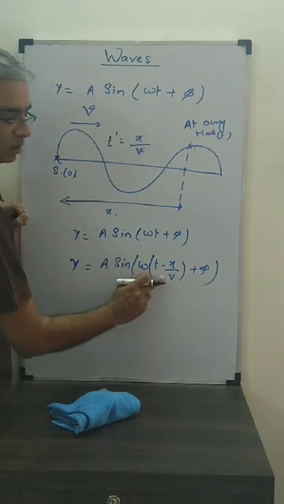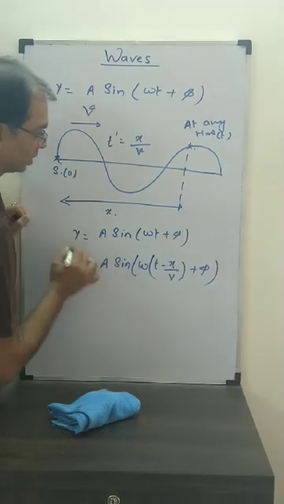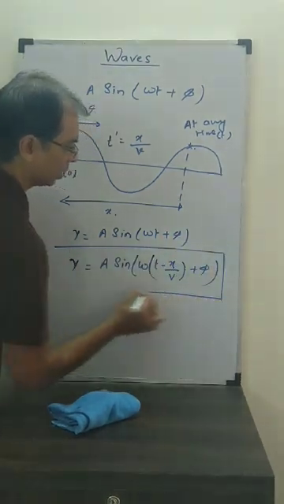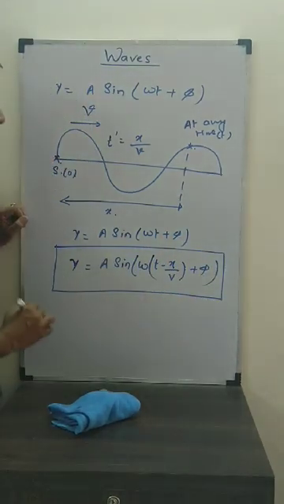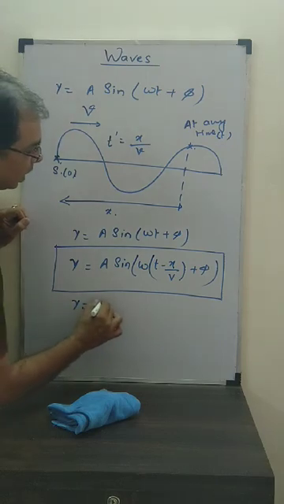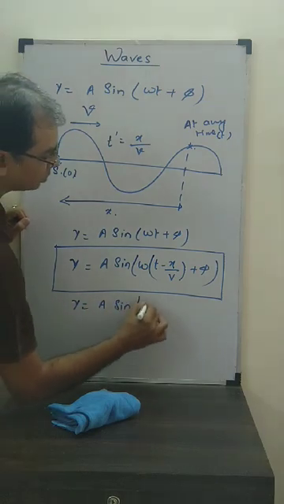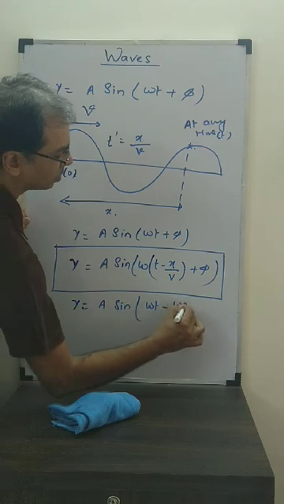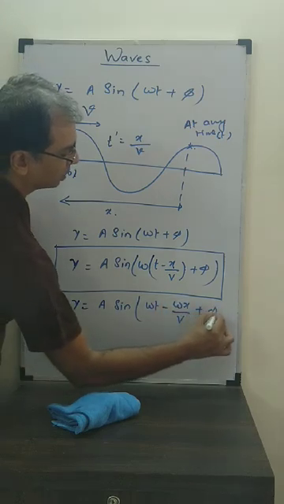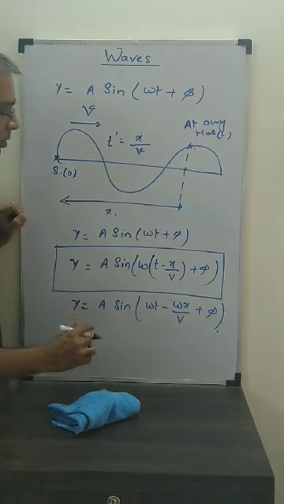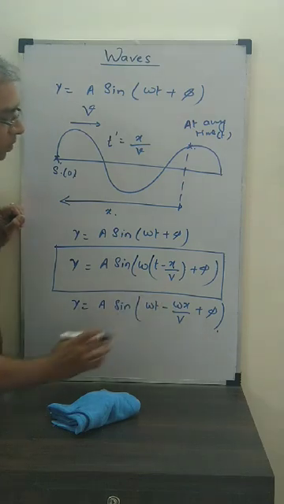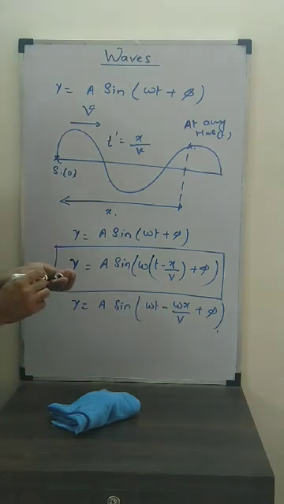The answer is yes. So this is the equation that we are searching for. We call this the equation of the wave. We can simplify this equation and write it as A sine omega t minus omega x by v plus phi. So this is called the equation of a wave.